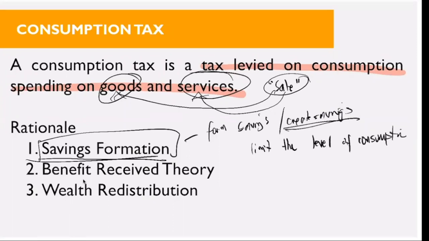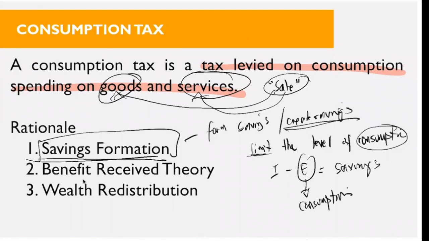Remember, in your economics, your income less your expenses will give you your savings. Your expenses are in the form of your consumption. So if you have a consumption tax, it will try to limit your consumption, because a consumption tax increases the cost of your consumption.